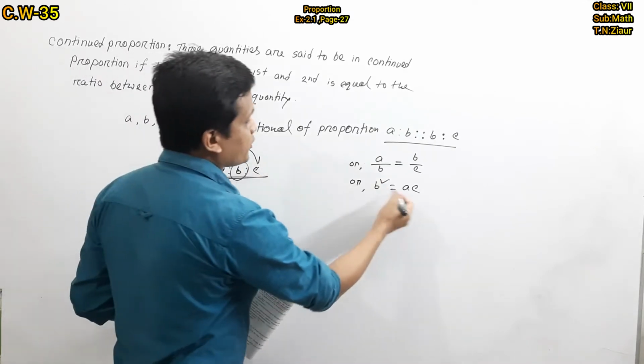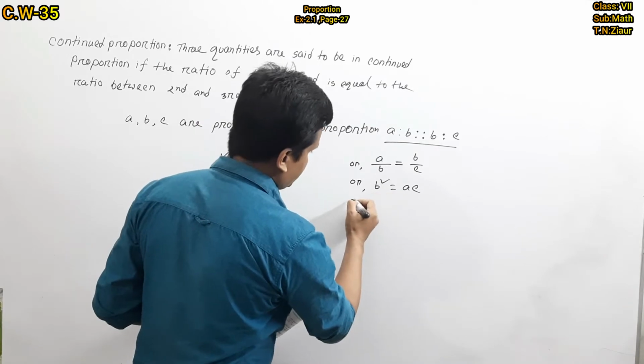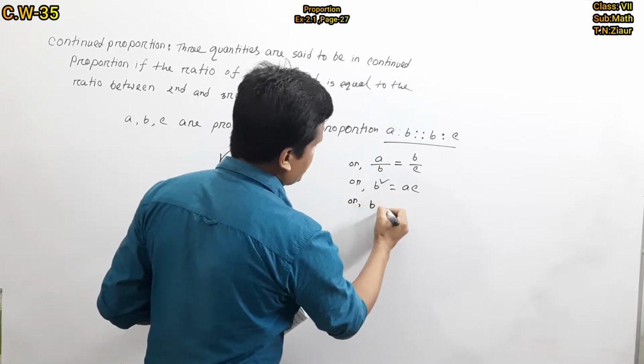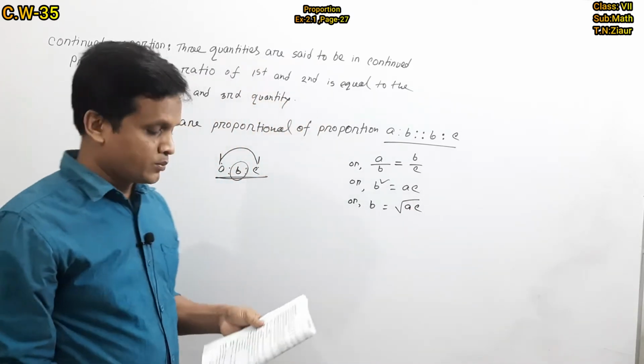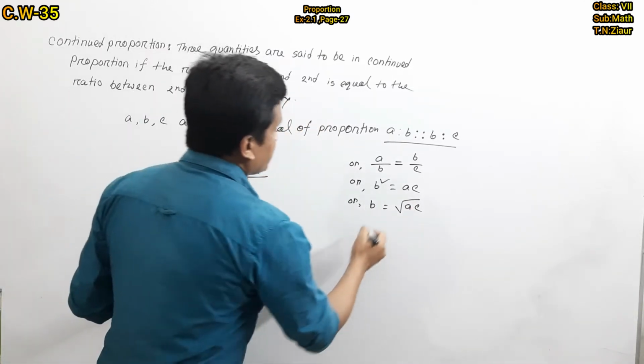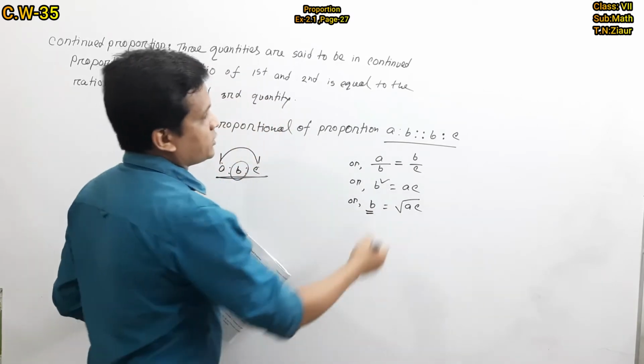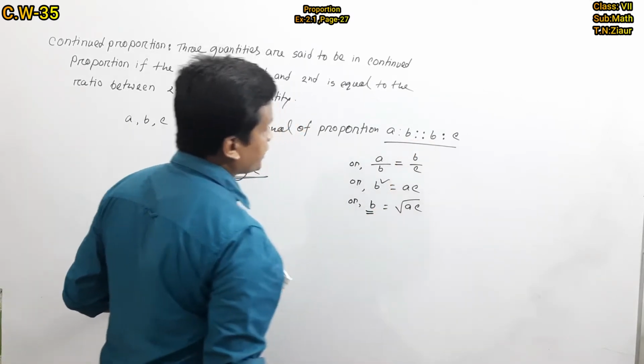That means in continued proportion, if you want to find the mid quantity, here B is equal to root over AC. We can find it this way. Have you understood, students? This one is called mid quantity. So we can write the formula here.